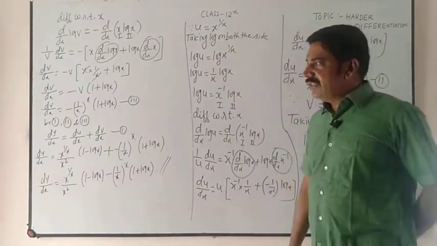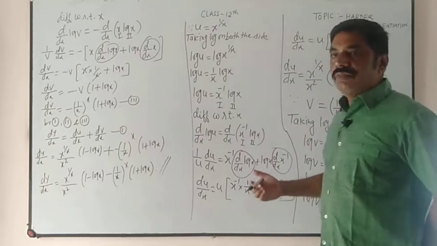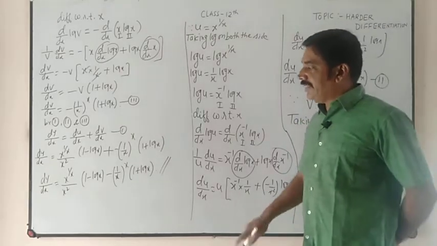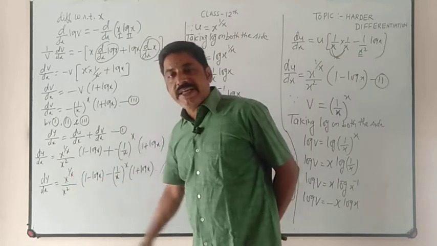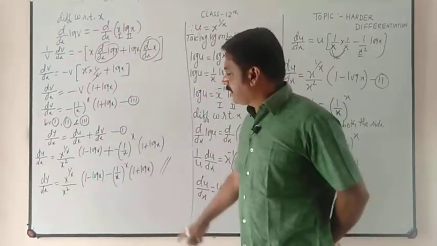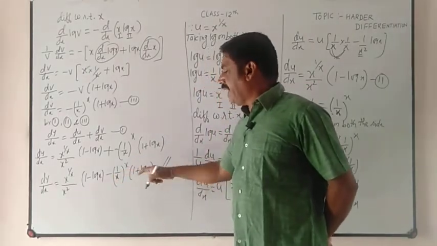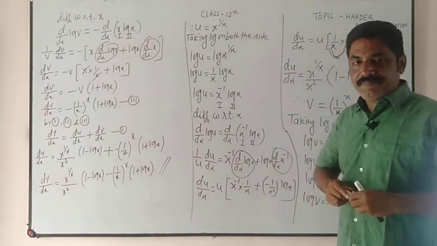Clear? So the differentiation of x raised to 1 upon x plus 1 upon x raised to x is x raised to 1 upon x square in bracket 1 minus log x minus 1 upon x raised to x in bracket 1 plus log x. Clear?